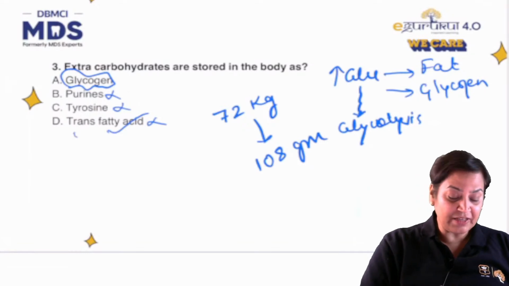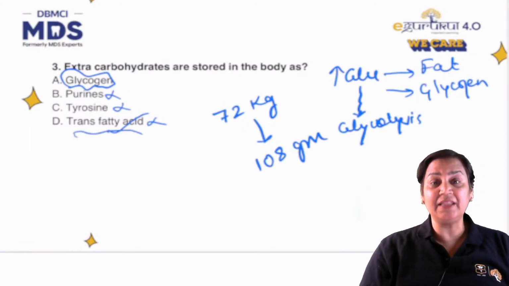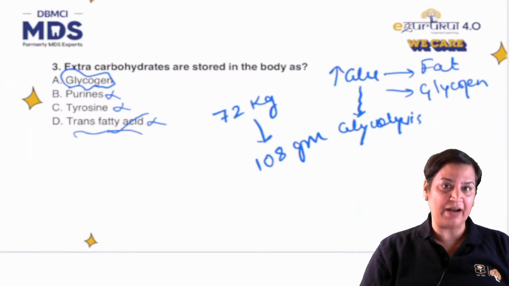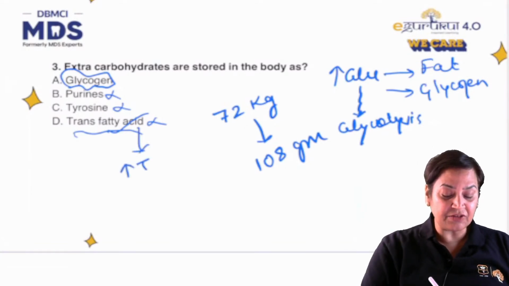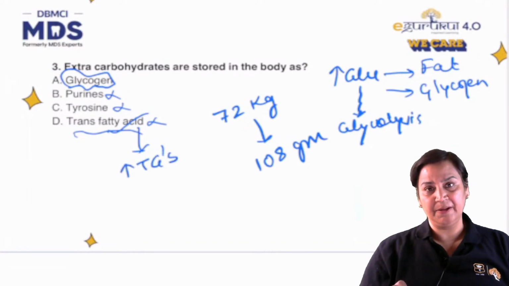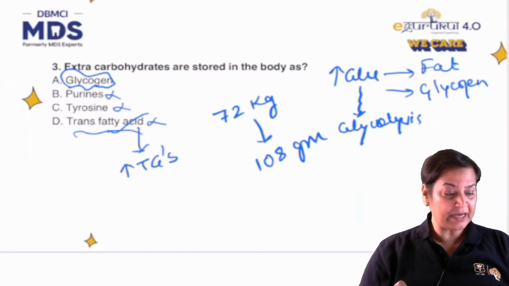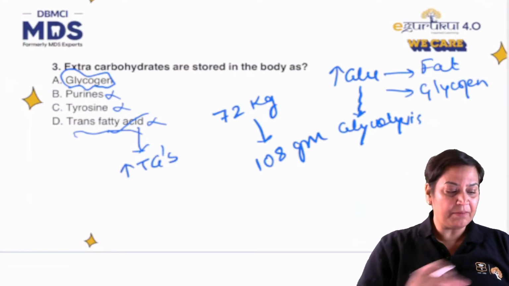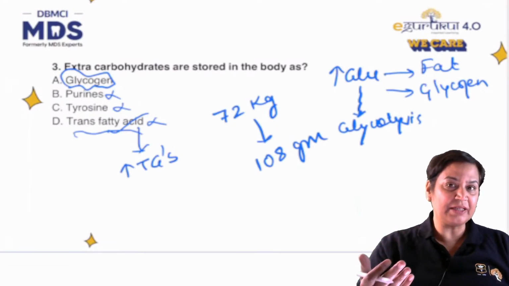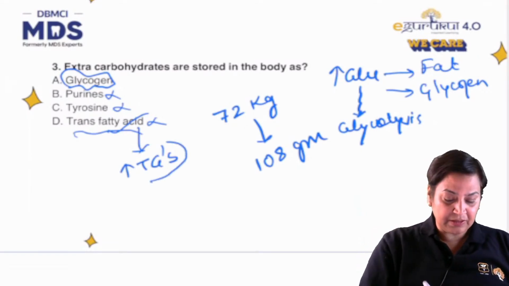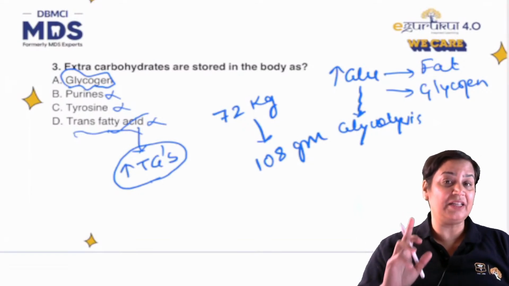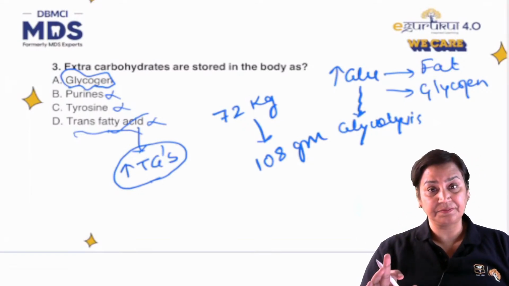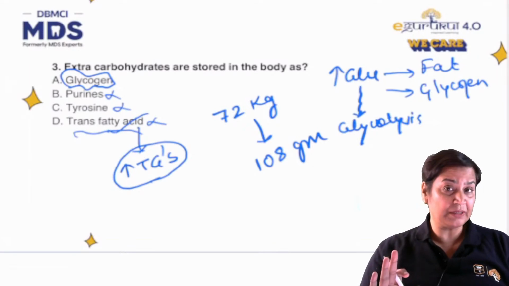Remember, and always remember, these TFAs are very, very harmful fatty acids. Why? Because they always increase the concentration of TGs in the body, right? So we should always avoid trans fatty acids in the diet. Is it clear to all of you?